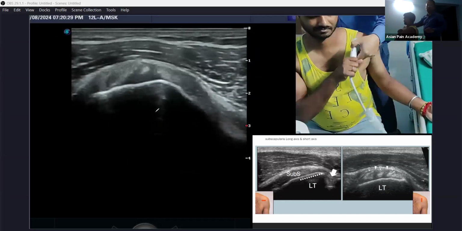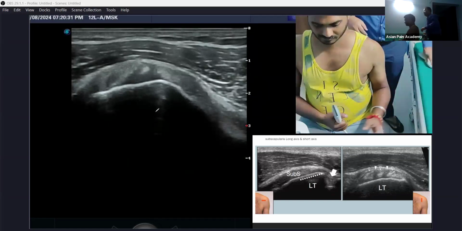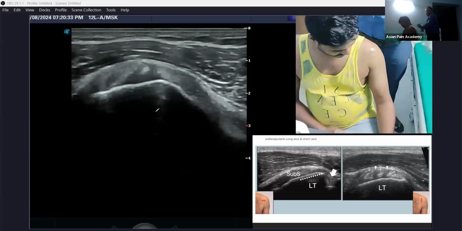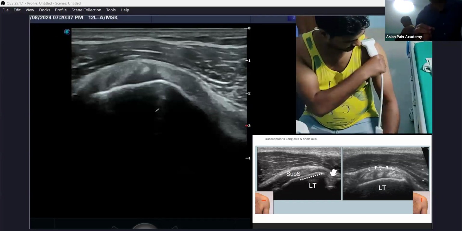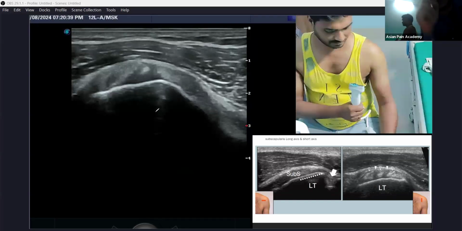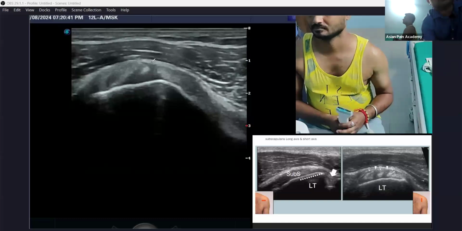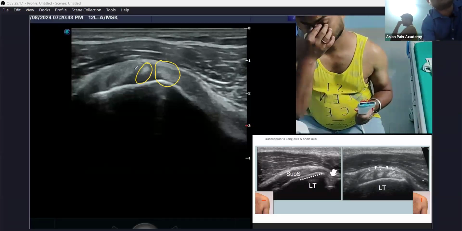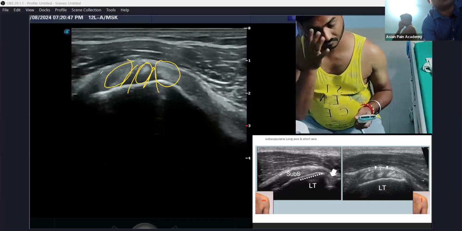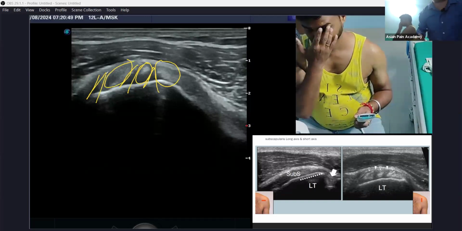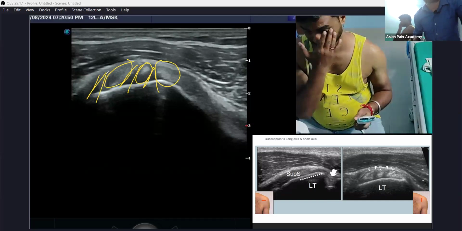Okay, so now you can see the picture. This is the short axis view of the subscapularis. Here also black white is there. So this is the short axis picture of the subscapularis.